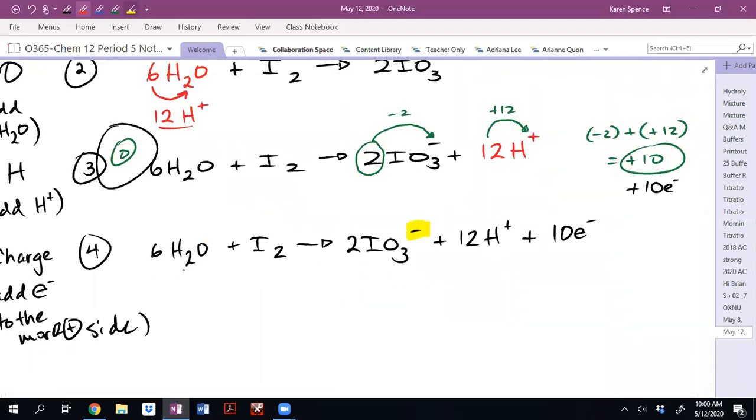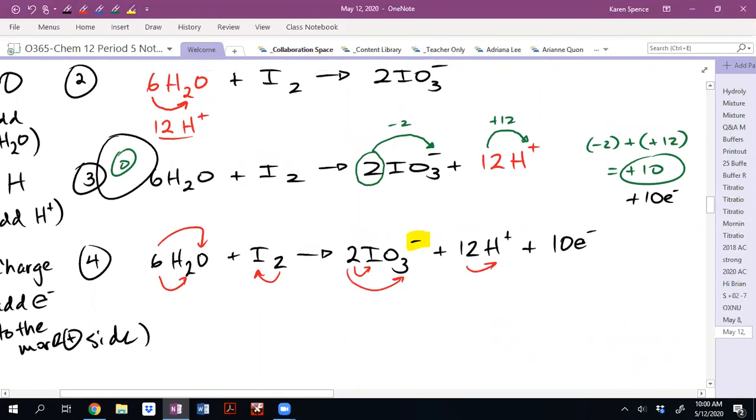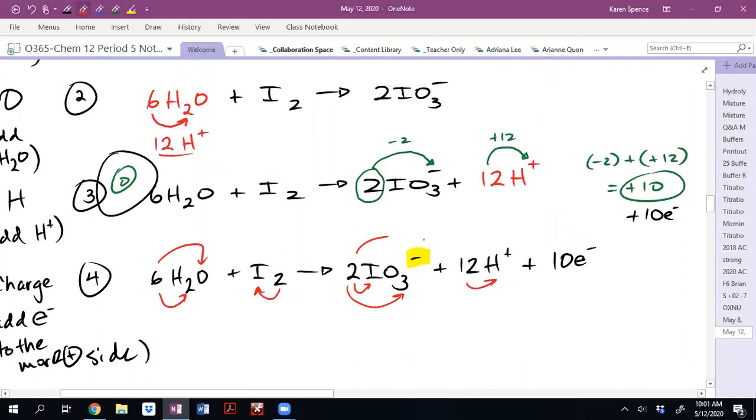I got 12 hydrogens, I have 2 iodines, and 2 times 3 is 6 oxygens. And my charge all equals out. I've got 2 negative plus 12 positive is +10, plus -10 is 0. And on this side, I have 0.